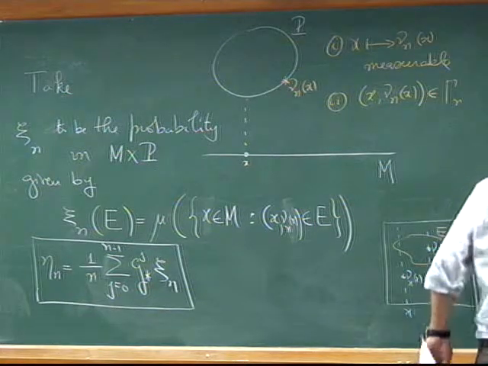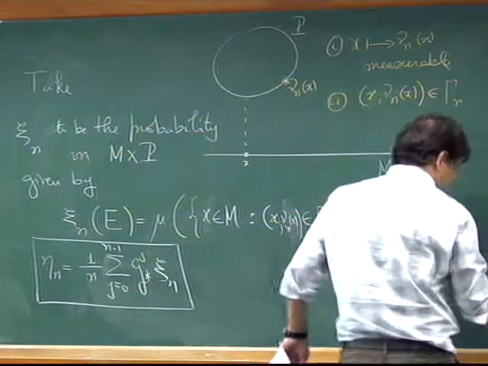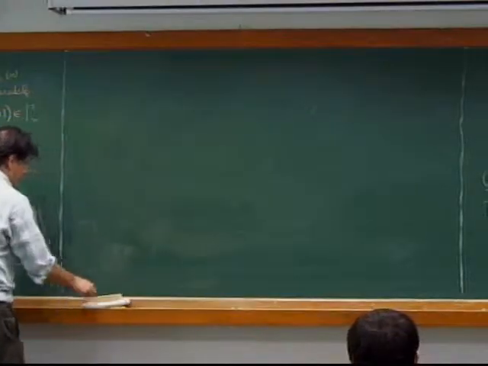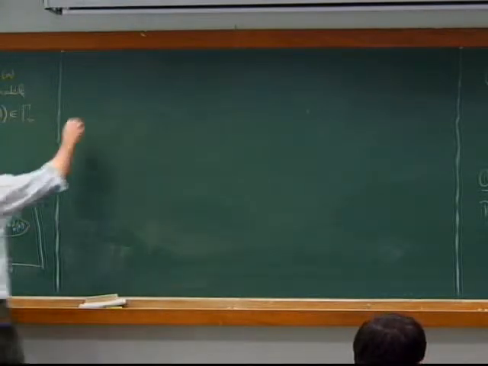Now I'm going to write a few properties. I'm not going to detail the arguments because they are written down. You have to check things, and it's not so interesting. It's half a page. So I'm going to say what is important here. What are the properties?